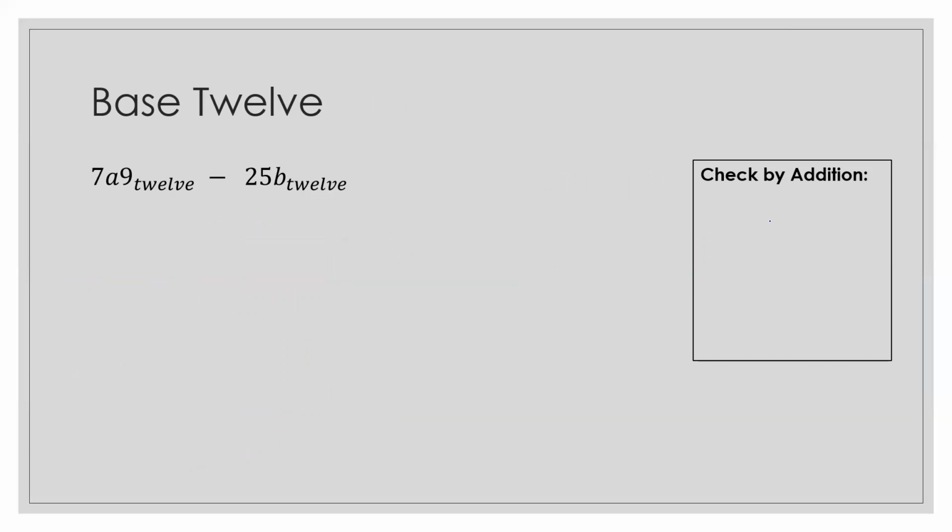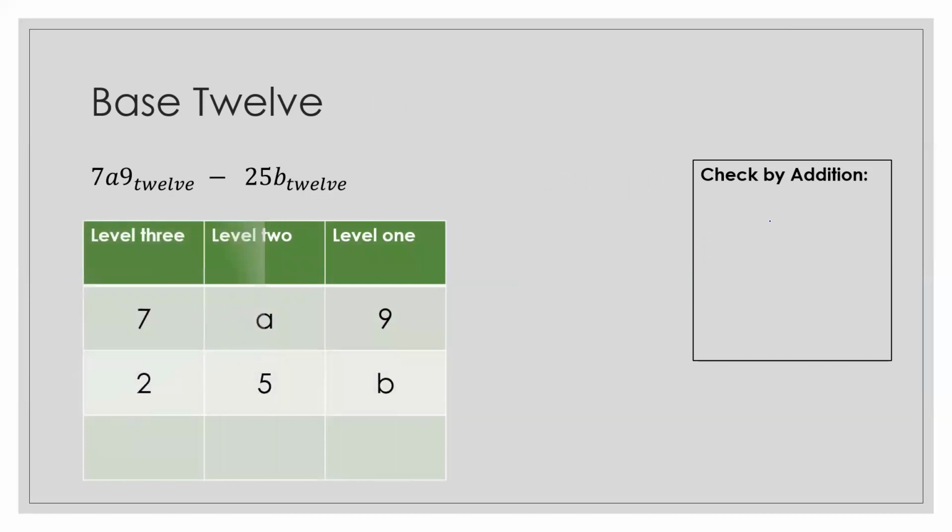let's step out of our comfort zone and do a subtraction problem in base 12. Okay, suppose you have 7a9 in base 12 minus 25b in base 12. And I'm going to put the place value chart up so that we can take a look and organize the information a little bit better.